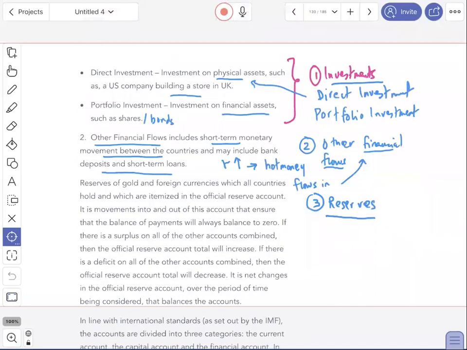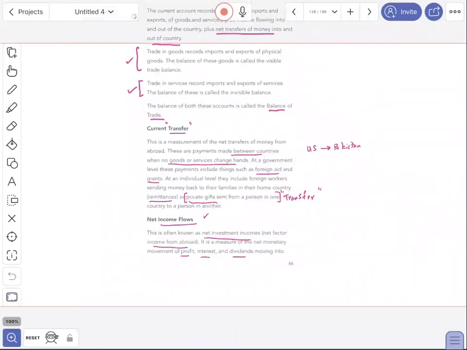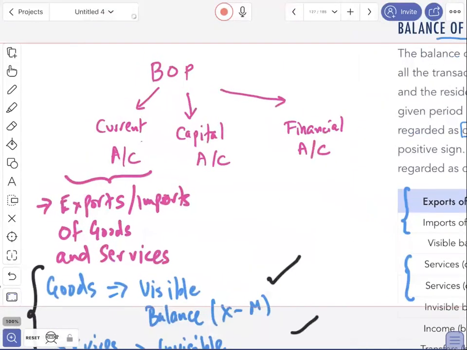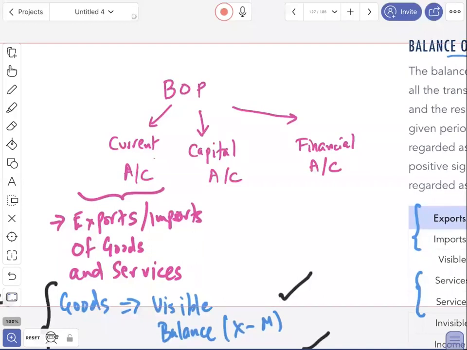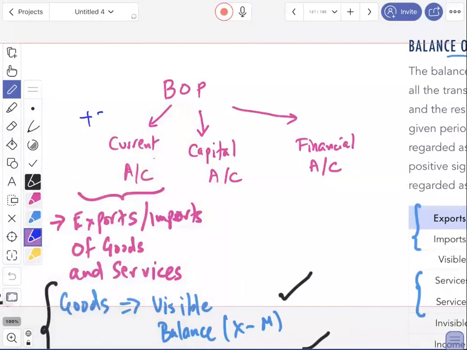Okay. Reserves is an important thing to understand. Before I talk about reserves, I want to go back, because this is an important thing to understand. Let's say you have a current account, capital account and financial account. Let's say current account is overall in a surplus of plus 20.